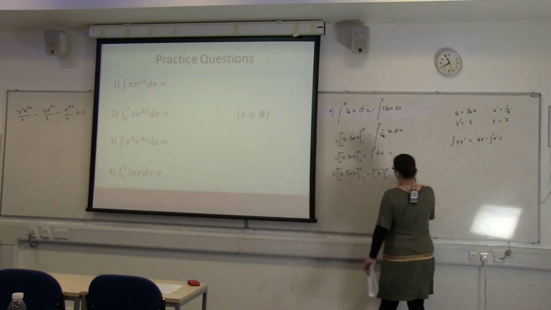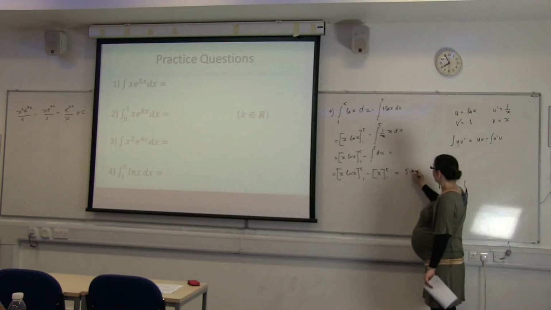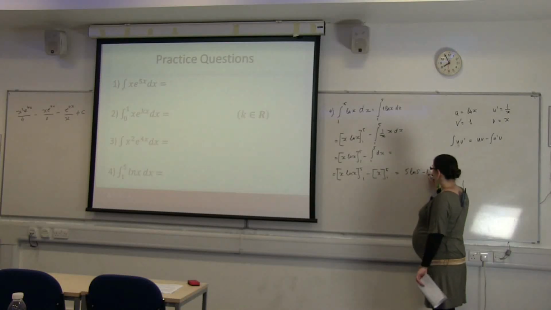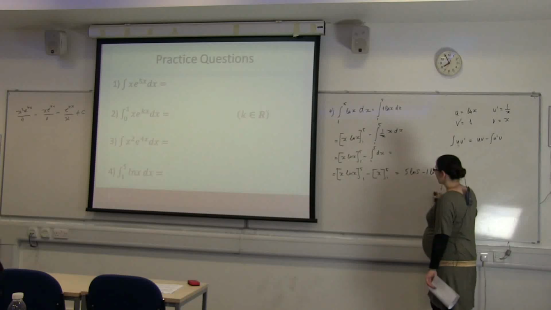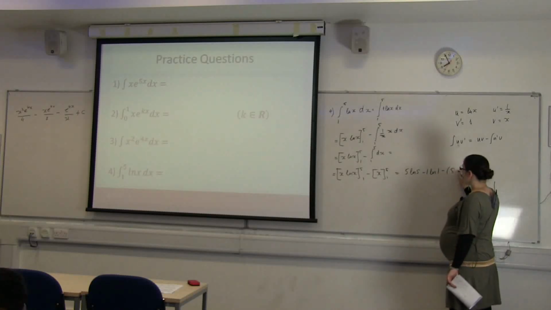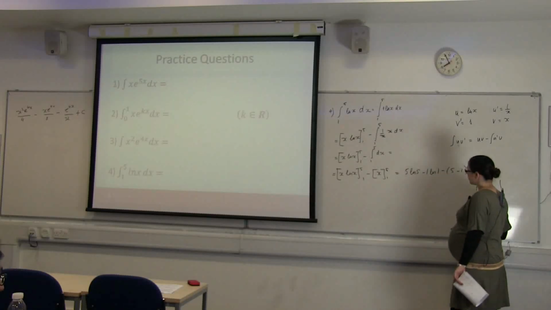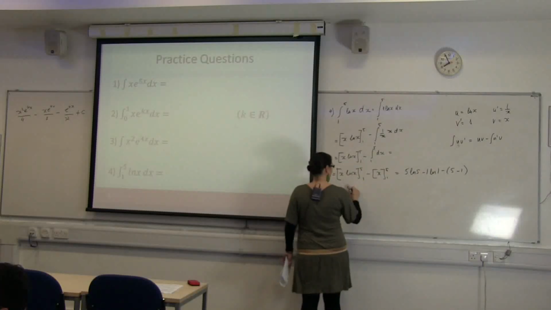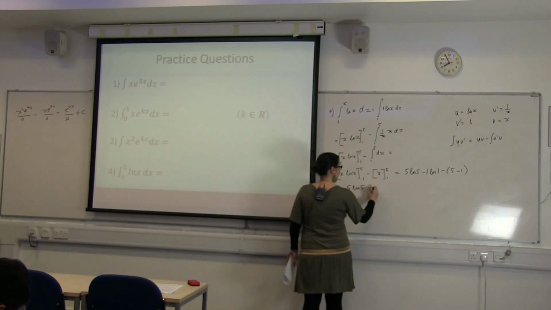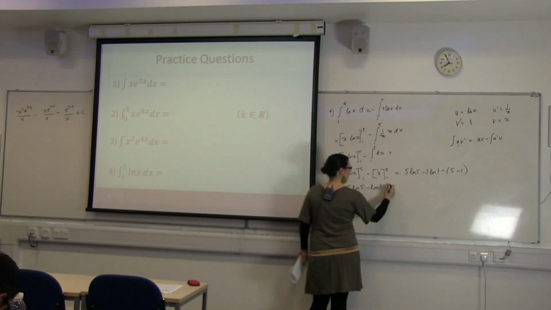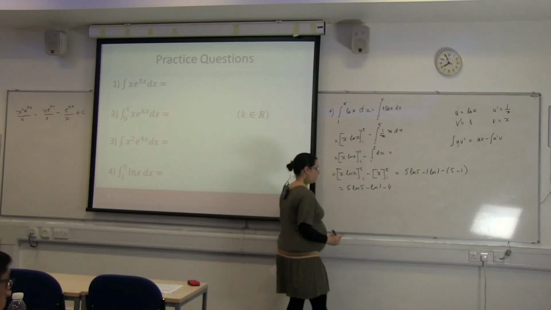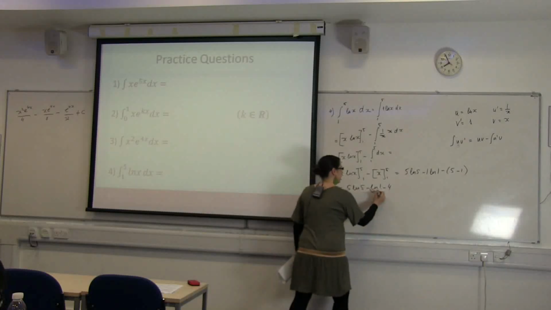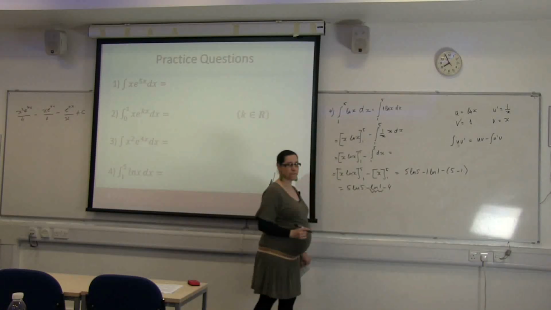So that is 5 times ln 5 minus 1 times ln 1 minus 5 minus 1. Five times ln 5 minus ln 1 minus 4. Again, what do I know about ln 1? 0.